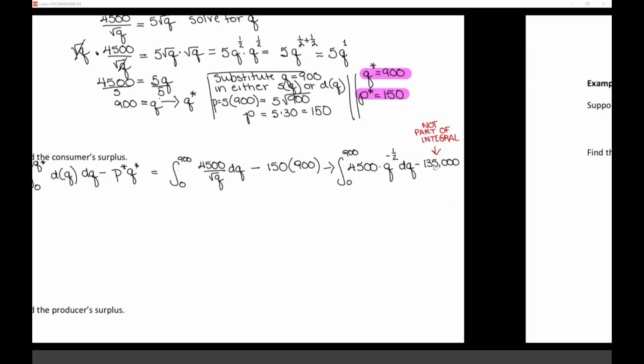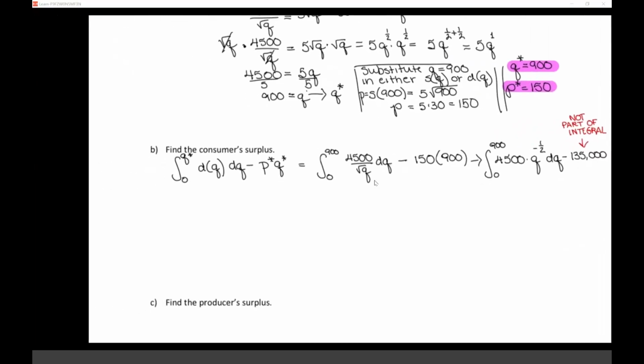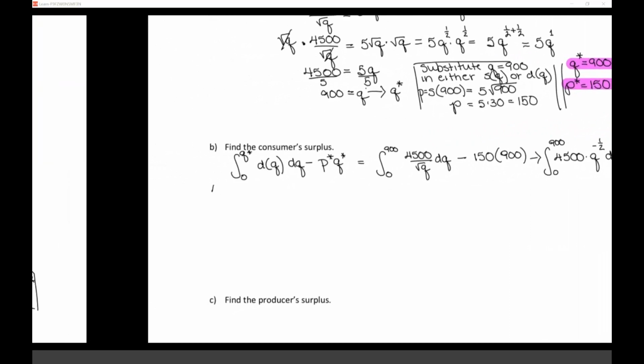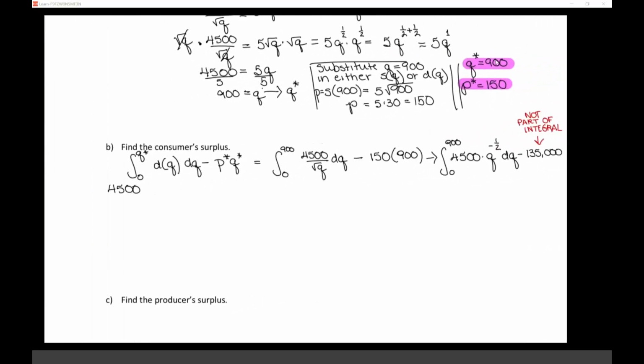Since this is just a variable to a power, and we're integrating with respect to Q, I'm going to use the power rule on it. First, I'm going to pull through the 4,500, so I have 4,500 out in front. Then I'm going to add 1 to the exponent.